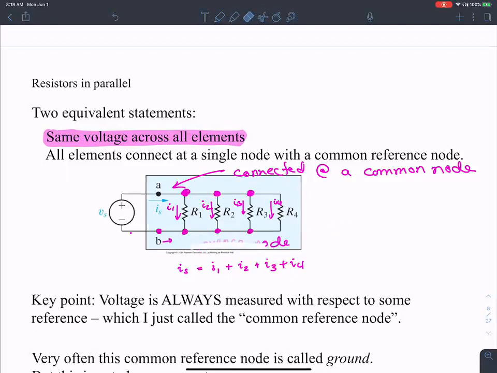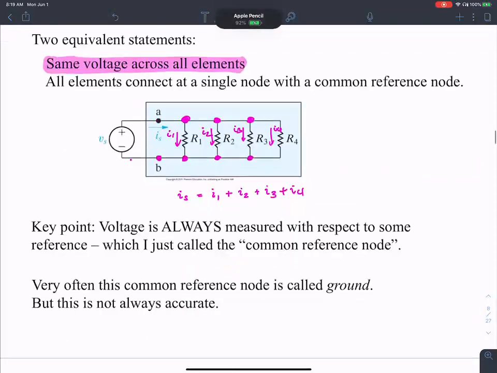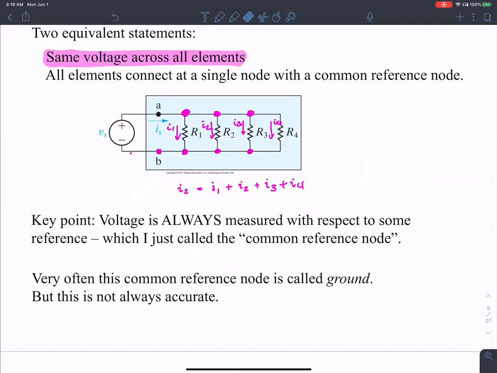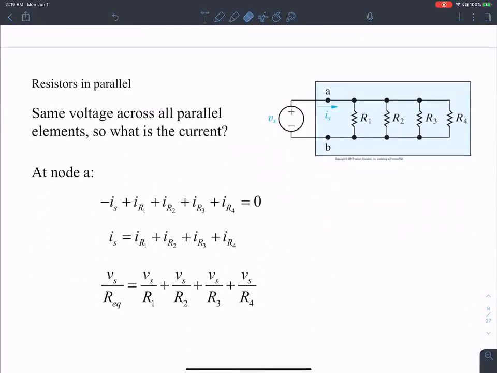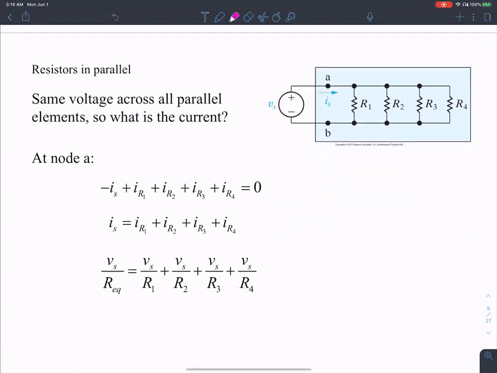In parallel connections, like I mentioned, the voltage across all the elements is exactly the same. Voltage is always measured with respect to a common reference. So the voltage across this one is exactly the same as the voltage across this one, and this one, which equals Vs. Vs is the voltage seen across all the resistances.